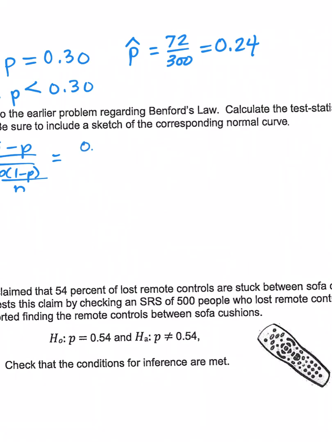So this is going to be 0.24 minus what? 0.30 divided by, and we're going to do the square root of 0.3 times 0.7 divided by what? Does everybody understand where the 0.3 and the 0.7 came from? So if you crank this through your calculator, you should get a z-score of what?